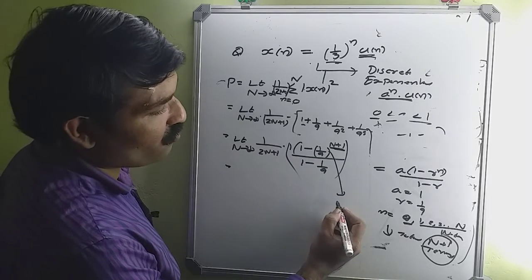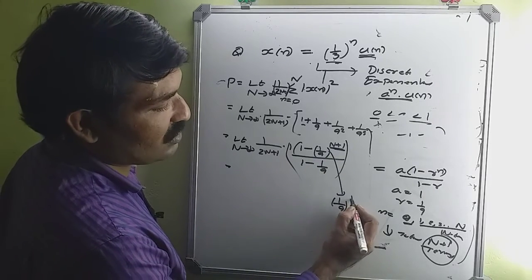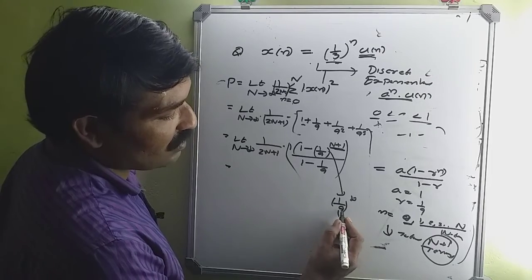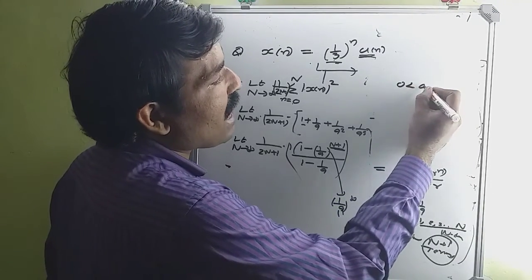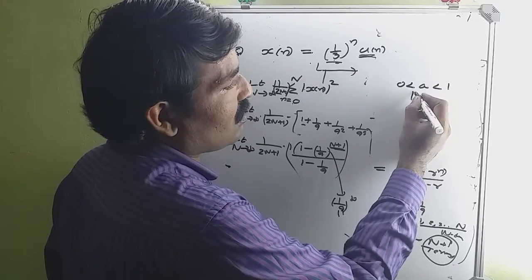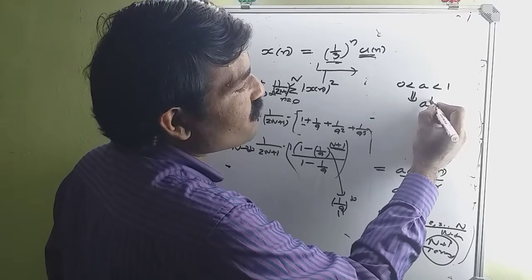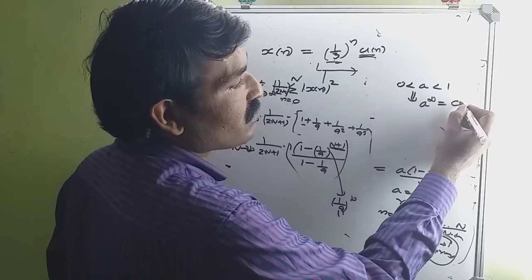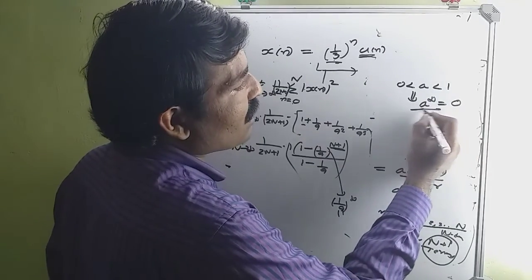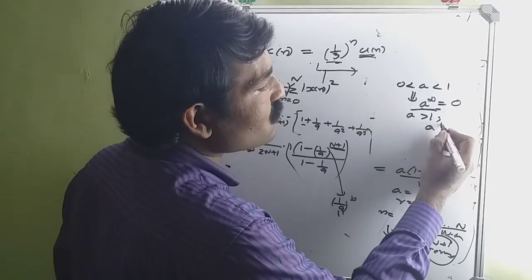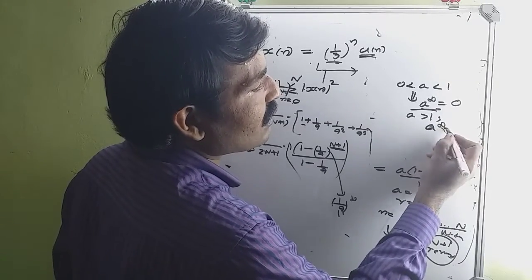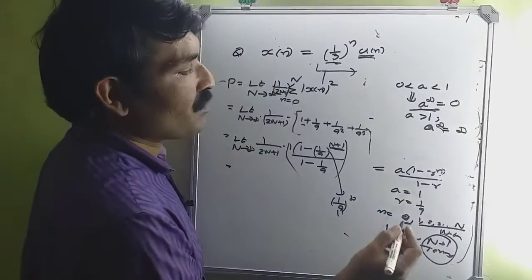Okay, so what is the value of 1 by 9 raised to infinity? This is a value less than 1, that means 0 less than a less than 1. A raised to infinity is equal to 0. And if a is greater than 1, then a raised to infinity is equal to infinity.